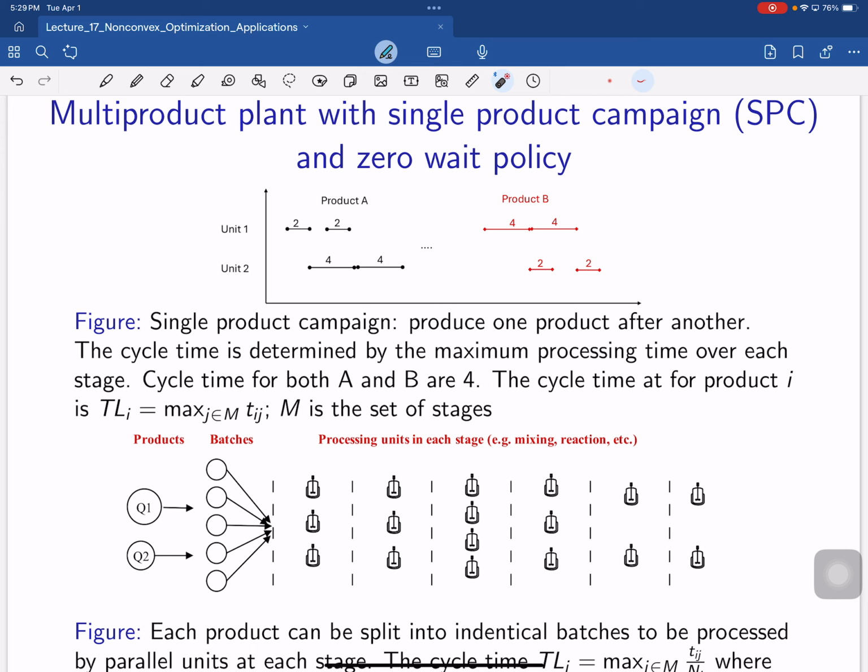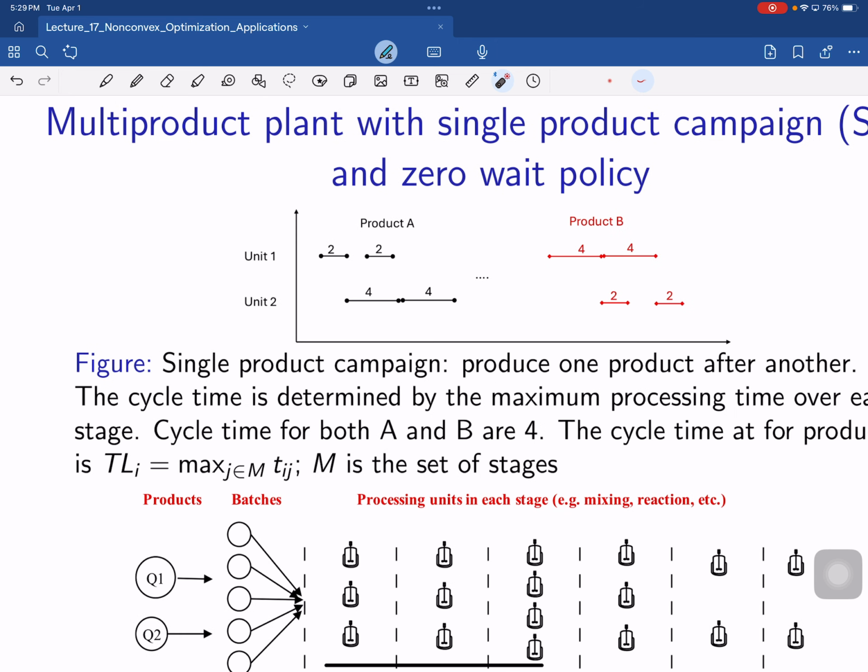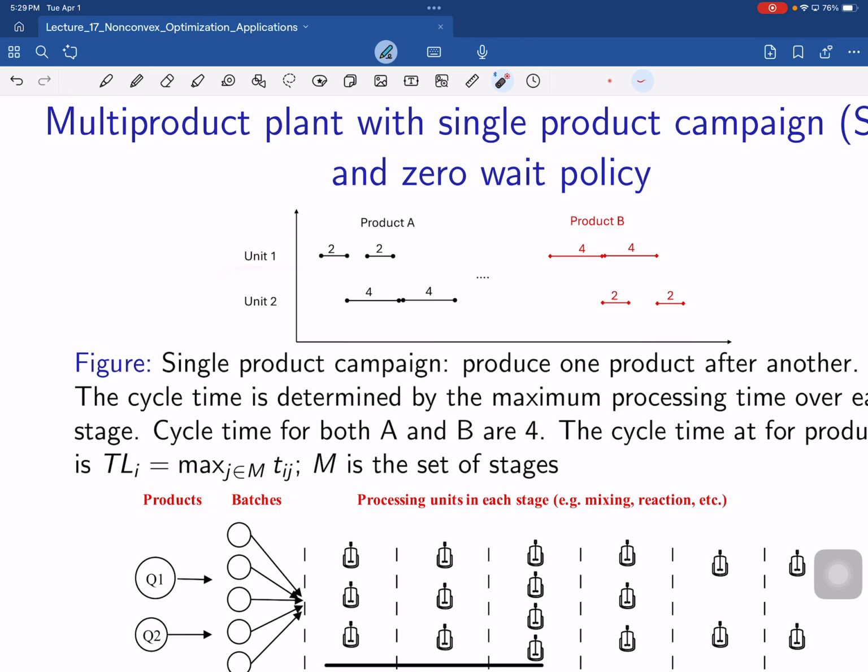Then let's assume in the first case you have one unit at each stage. There is nothing you can do but wait for all the orders to be produced before you move to the next stage, right? So if you have a single unit at each stage, the cycle time is limited by the so-called rate limiting step, right?